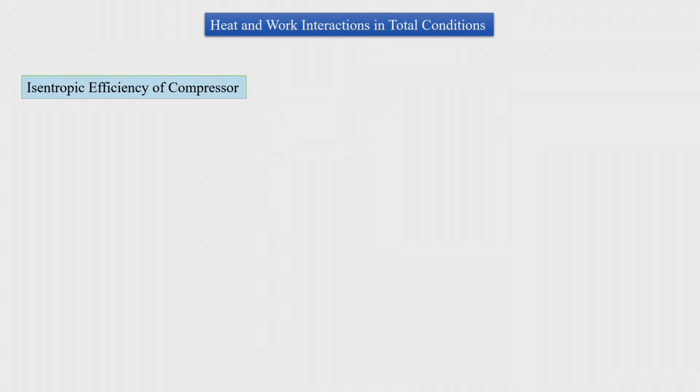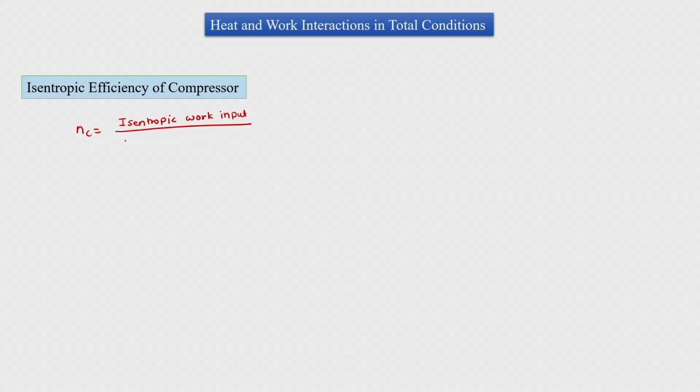Now, we will see the isentropic efficiency of compressor. We have said that eta C is isentropic efficiency of compressor. Here we know that it is isentropic work input divided by actual work input.